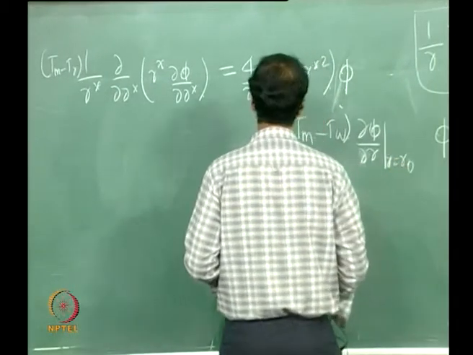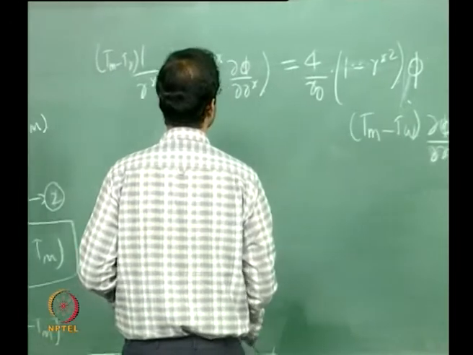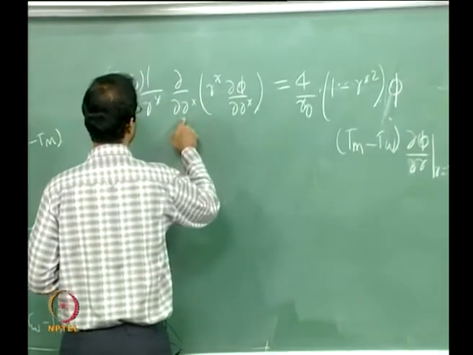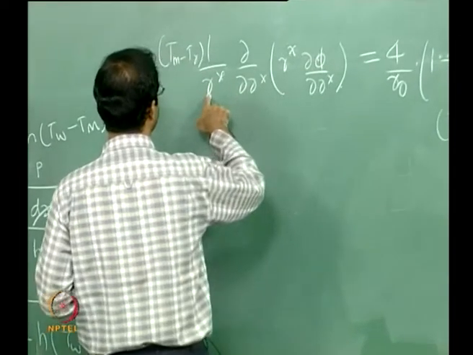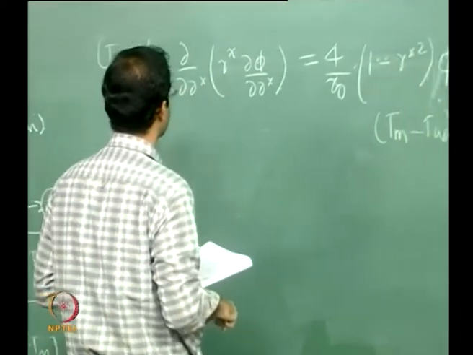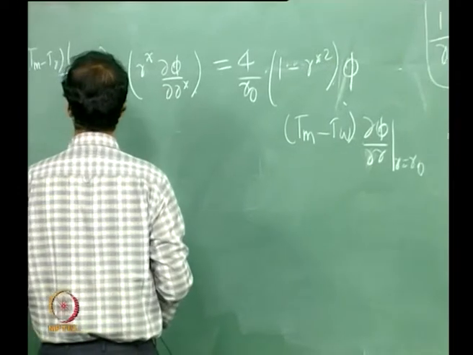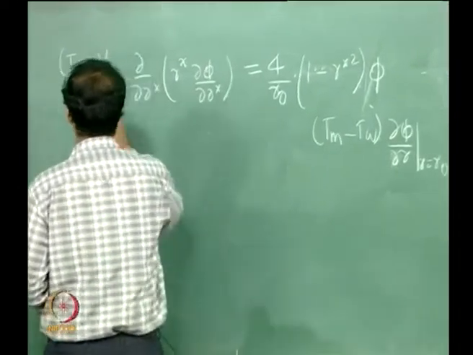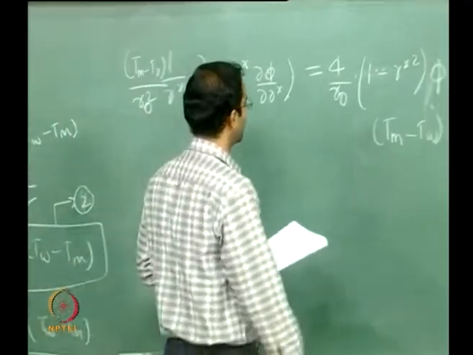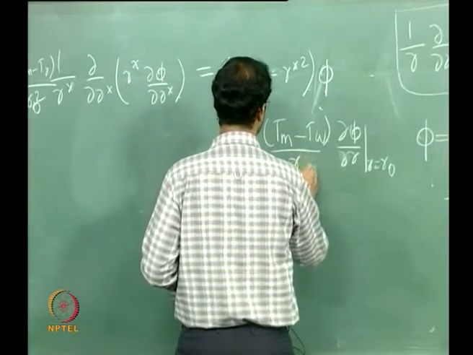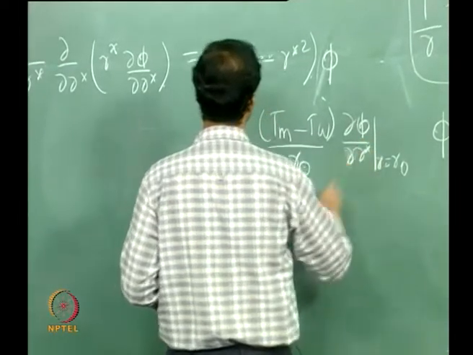So now I have r, this cancels here, so I have r naught into r naught squared, divided by r naught squared here, and here I have again r naught, which I can write as r star.